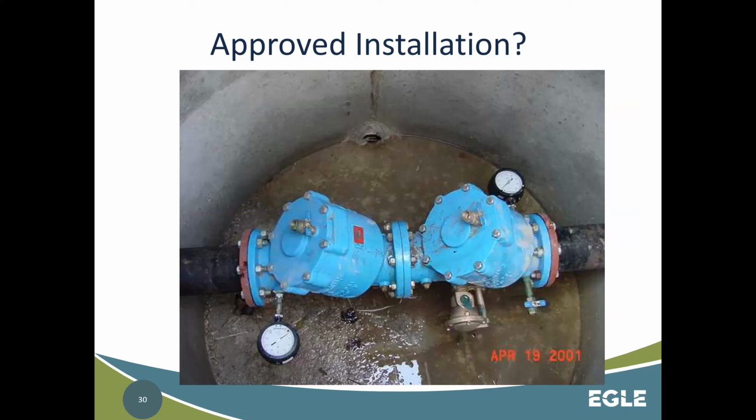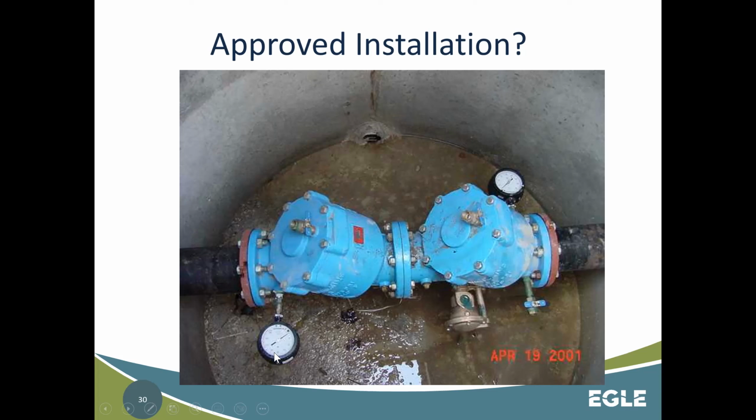So how about this? Does this look like an approved installation? Well, it might get flooded, it might not get flooded. It's hard to say. Looks like we have a drain here, but heaven forbid a leaf might fall in there and plug the drain, right? So this is a bad installation.